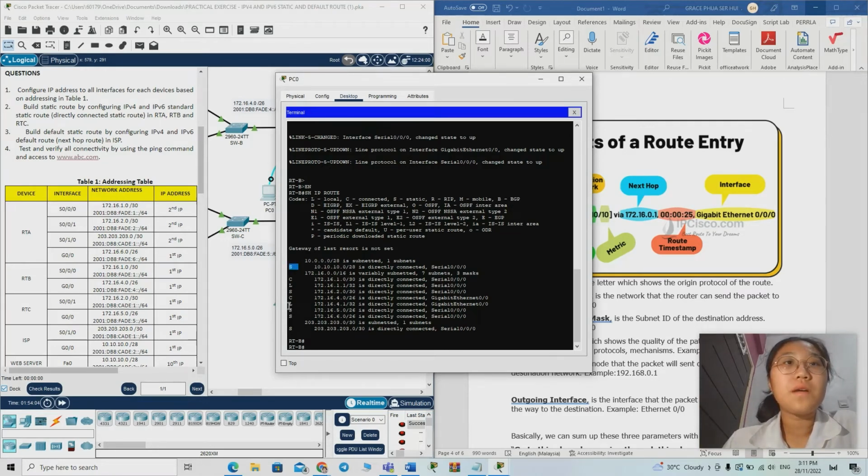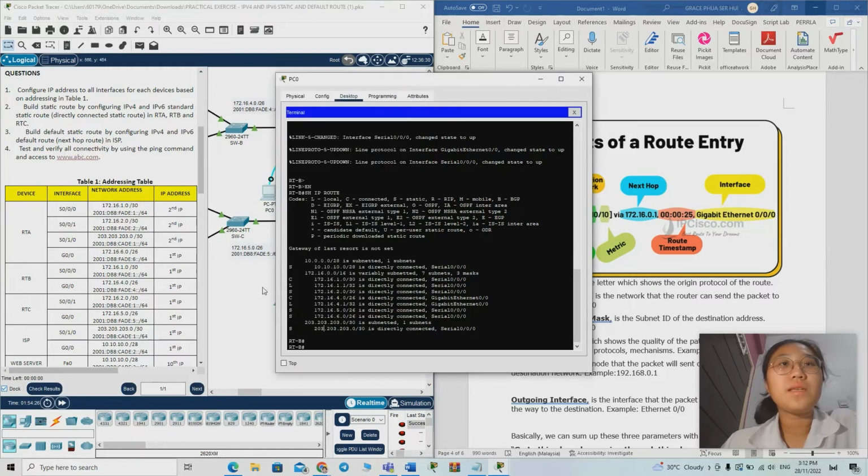Also there are 4 static routes showing here, and the gateway of last resort is not set at RTB. Okay, for 1, 6, and 4 is for RTB.